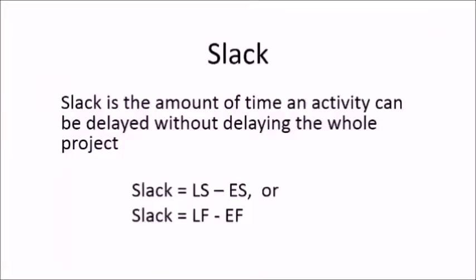After completing the project network, we want to find which activities are the critical activities. To do this, we first discuss slack. Slack is the amount of time an activity can be delayed without delaying the whole project. Slack is given by either latest start minus earliest start or latest finish minus earliest finish.